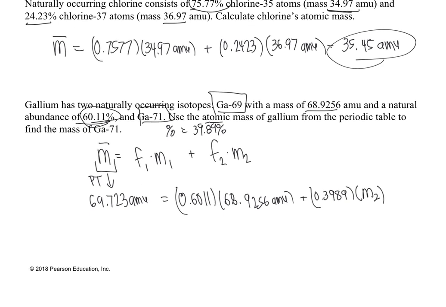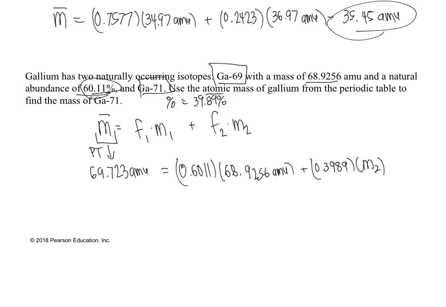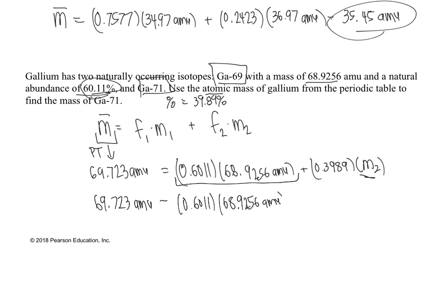So what we're going to do here is get a value right here. That's just a number, and we can subtract that whole number over. We're trying to solve for M2. So I'm going to get 69.723 AMUs minus 0.6011 times 68.9256 AMUs, and that equals 0.3989 times the second mass.